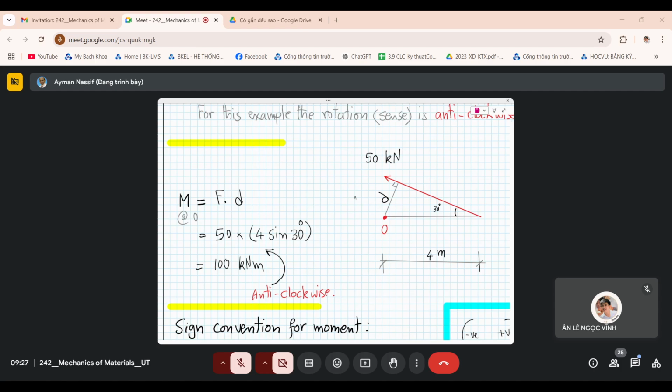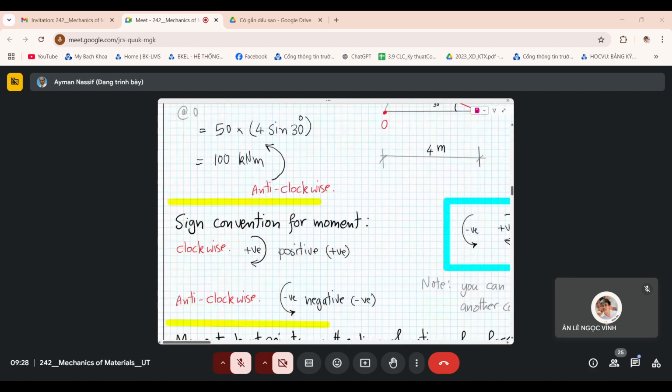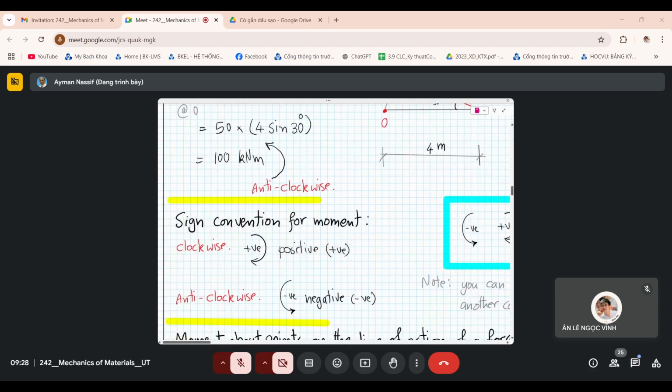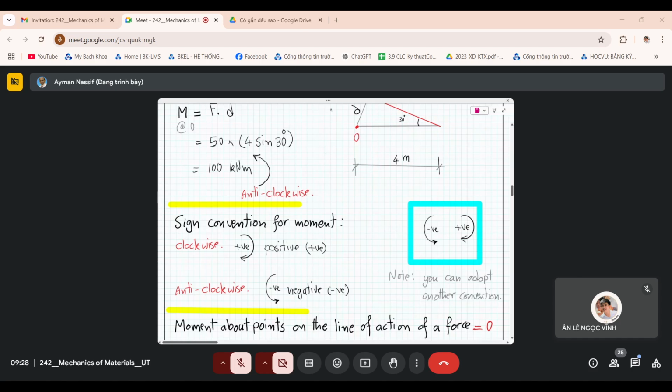Sometimes we want to do a lot of calculations, so we don't want to say anti-clockwise or counterclockwise, clockwise. So we have an agreement, and here is the agreement. The word agreement is sign convention. Of course, you don't see pluses and minuses in the building where you are or in the bridge where you travel. So we agree, as engineers.